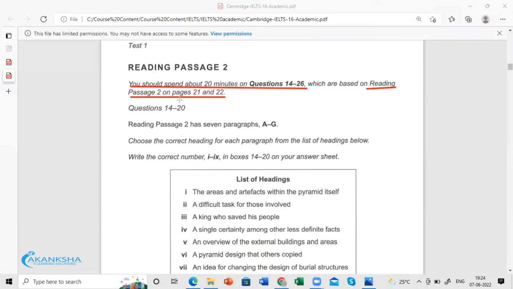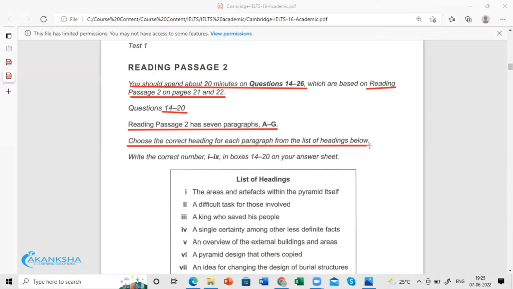Questions 14 to 20: Reading passage 2 has 7 paragraphs, A to G. Choose the correct heading for each paragraph from the list of headings given below.